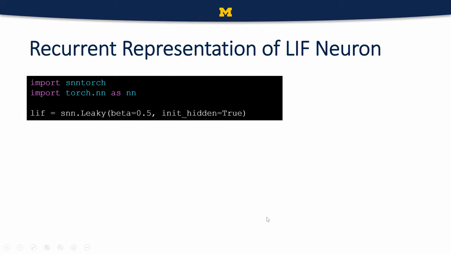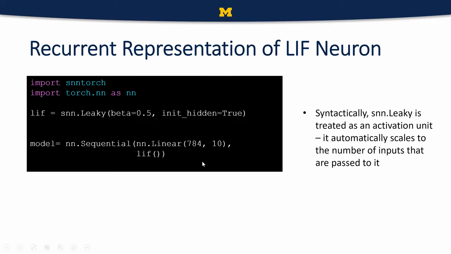Really quick bit of code here that just shows, all right, let's define a leaky integrate and fire neuron. We'll call that leaky with a decay rate of 0.5. And we set this argument to be true because we want the hidden states of that neuron, the membrane potential, to be initialized. And if you want to construct a neuron model, well, we define a sequential model, first layer being a linear layer with 784 inputs and 10 outputs.